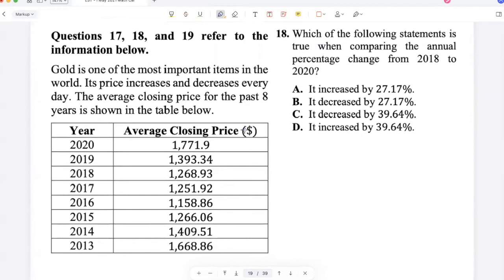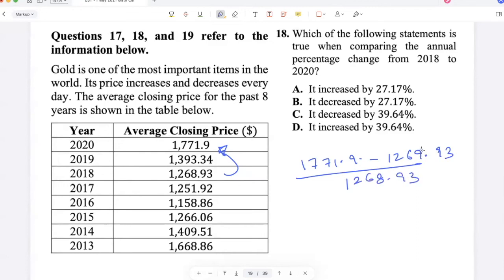Which of the following statements is true when comparing the annual percentage change from 2018 to 2020? Okay. So that would be 1771.9 minus 1268.93 divided by 1268.93, and that multiplied by 100.